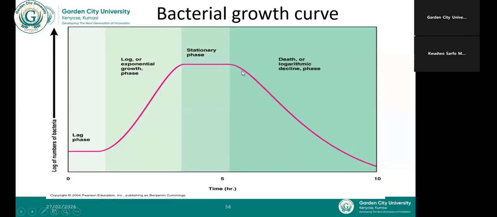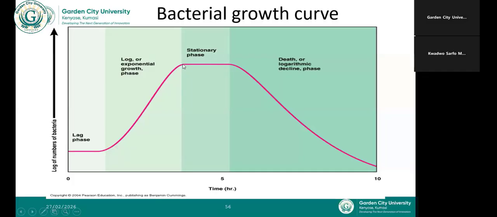Then nutrients would begin to deplete and the population size also goes down. So if you want to keep the organisms, you change the media.